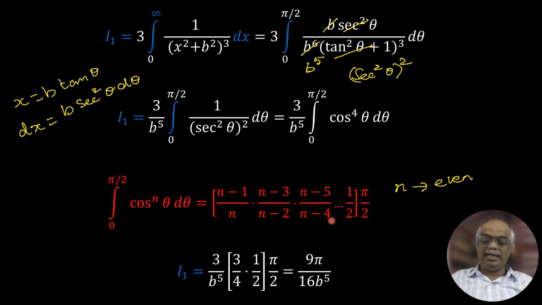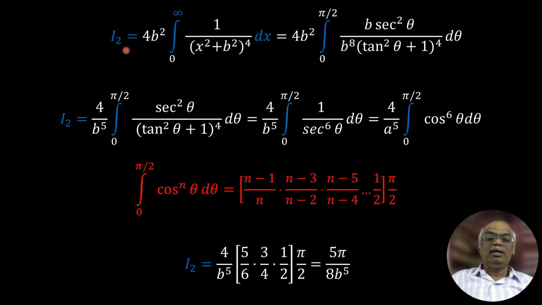Then you will get pi by 2. Here 3 into 3 is 9, and pi will come as pi, and in the denominator you have 4 into 2, 8, into 2, 16. So this will be 9 pi divided by 16 p power 5.